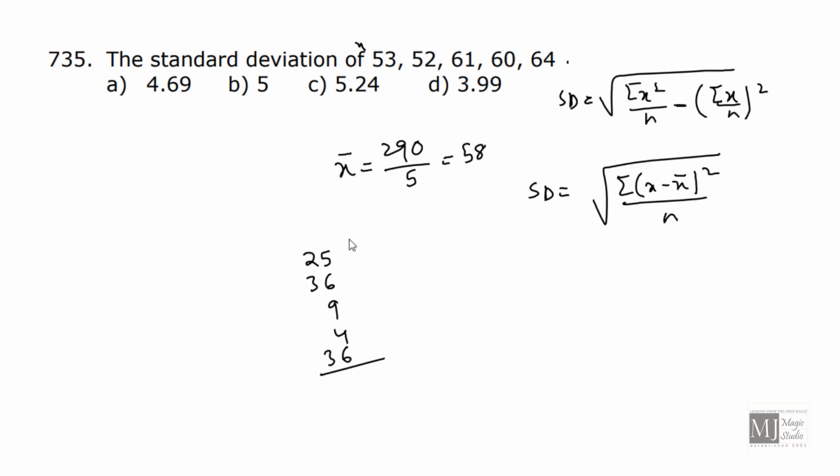Let's add up: 110. So SD is simply root over 110 by 5, that is root over 22. Now root over 22 would be greater than 4 but less than 5, and the only option we have greater than 4 and less than 5 is 4.69. Root 22 is 4.69.